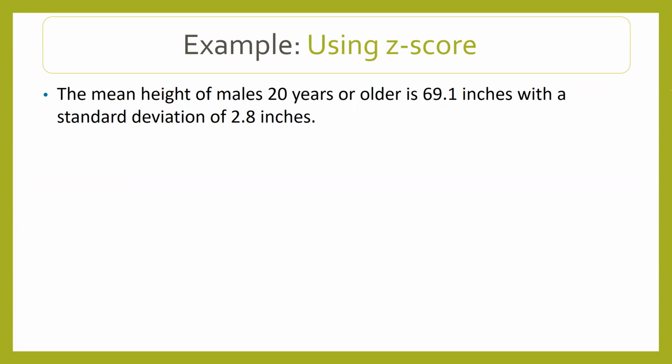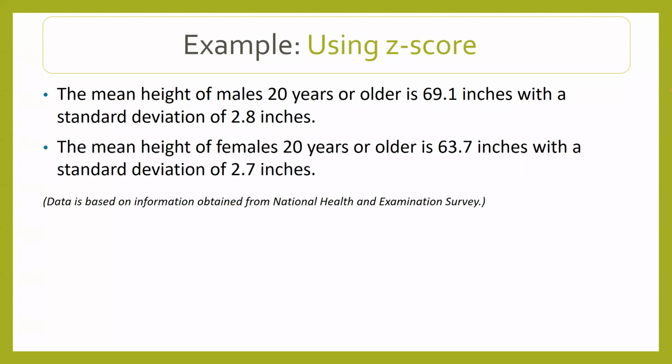The first one is talking about the mean height of males 20 years or older. The mean is 69.1 inches with a standard deviation of 2.8 inches. For females 20 years or older, the mean height is 63.7 inches and the standard deviation is 2.7 inches.